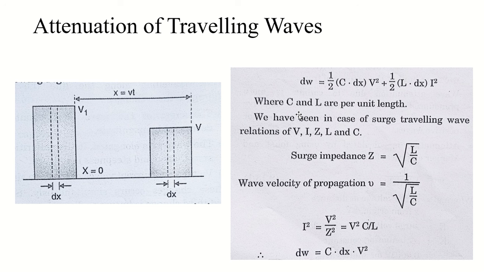And in doing so, if the crest value of the voltage is higher than the corona disruptive voltage for a particular conductor, loss of energy will take place while your wave is in travel.